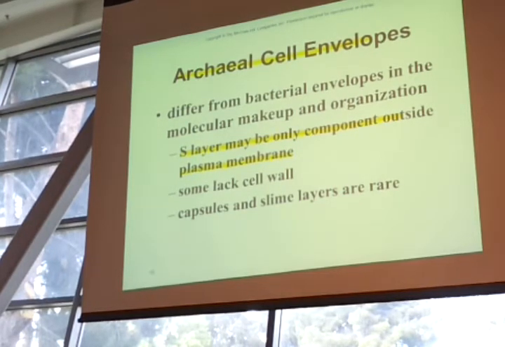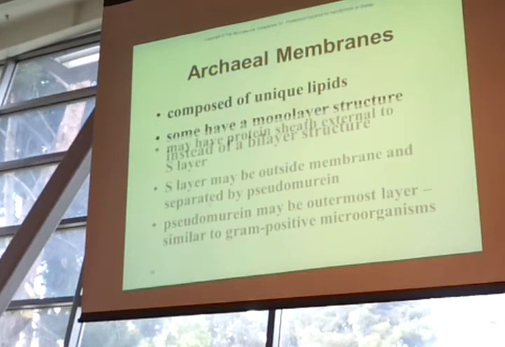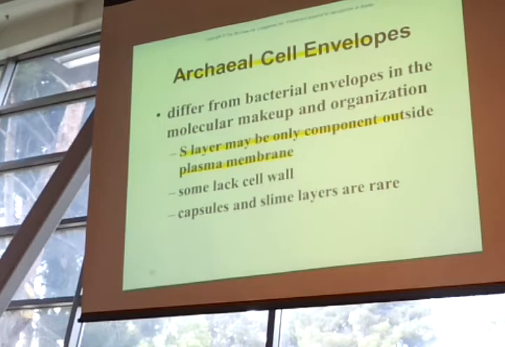They have something that is called pseudomurein, but some of the archaea don't have a cell wall. It's less often that you see capsules and slime layers associated with the archaea. So for some of the archaea, the S layer is really that only component.